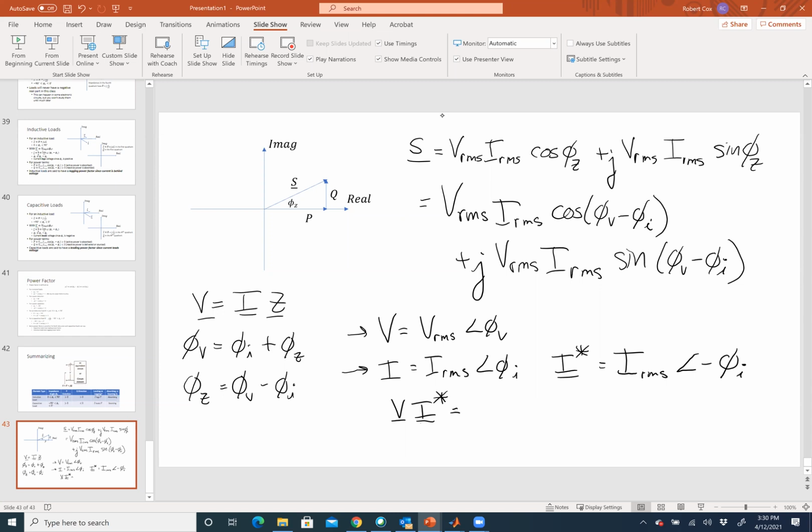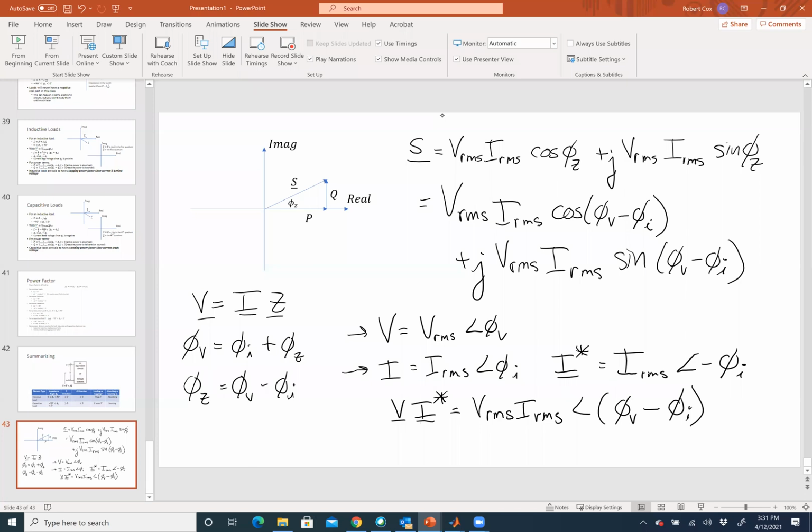Its magnitude would be VRMS times IRMS. What would its angle be? You add the two: phi V plus phi I, minus phi I too. Minus phi I.